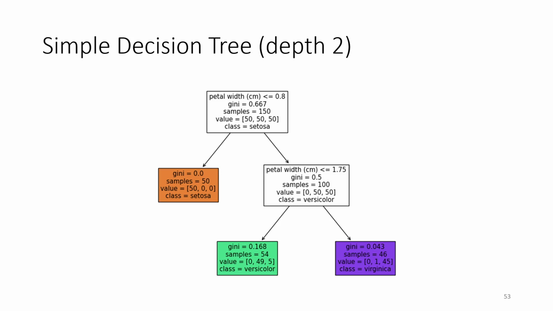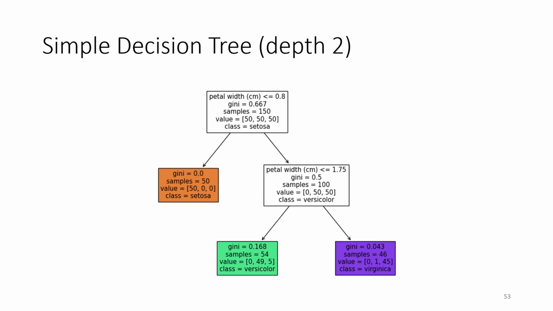If this is less than 0.8 centimeters, then it goes to this branch and says it's of the class Setosa. If it is not less or equal to 0.8, then it goes to this node here, and also checks the width of the petals, and then decides based on the width to predict either versicolor or Virginica. So this is a very, very simple one, right?